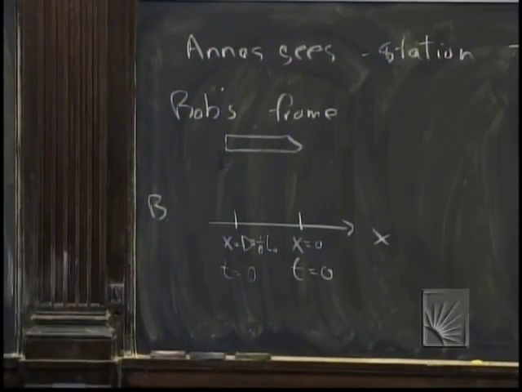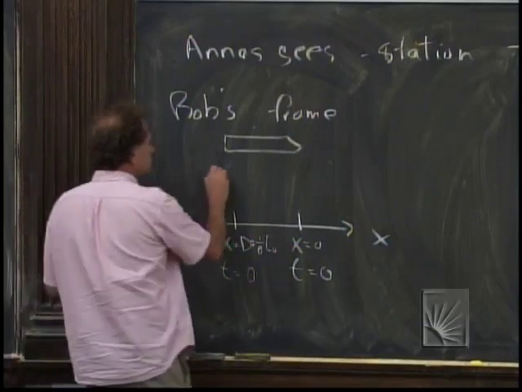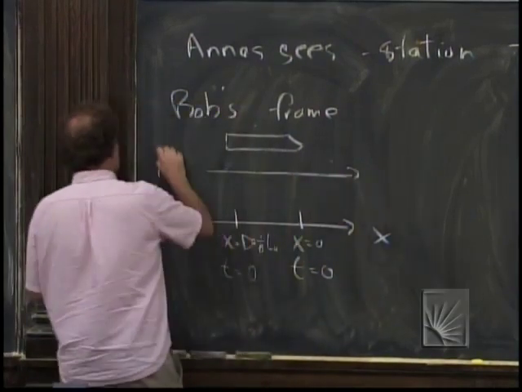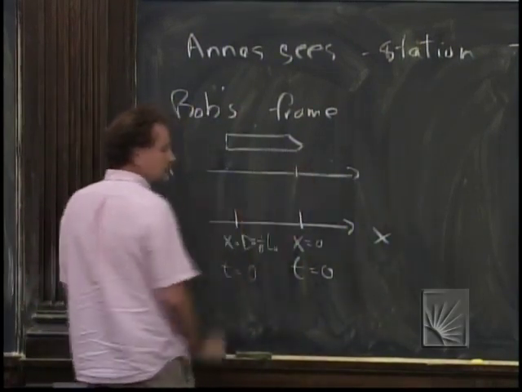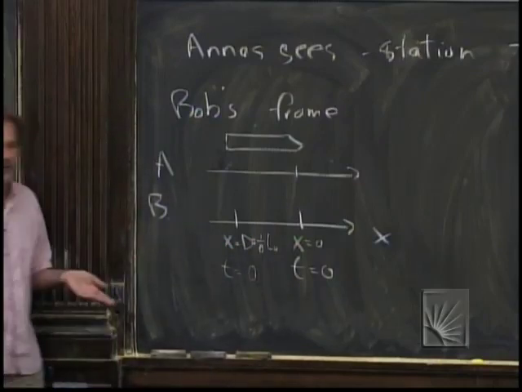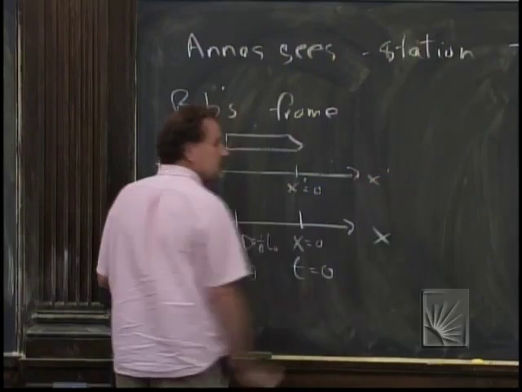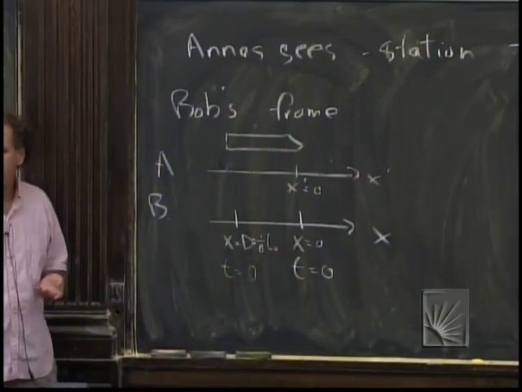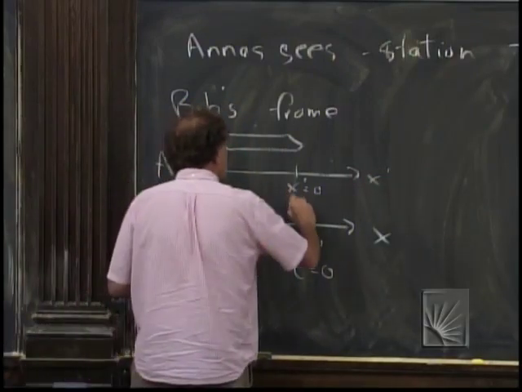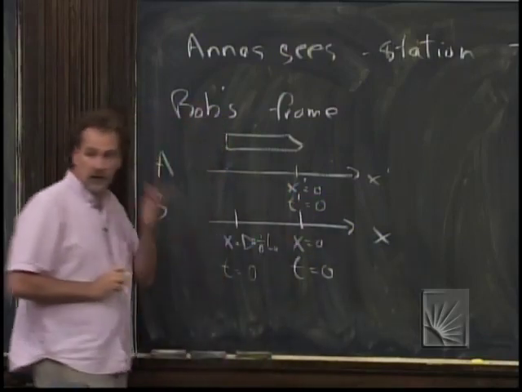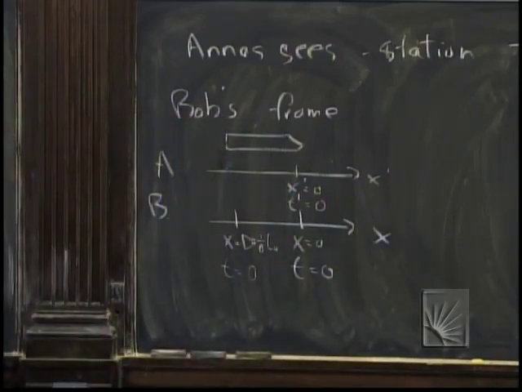Now let's fill out Anna's frame. The front, let's call it X prime equals 0. This is the prime frame, the S prime frame. This is time T prime equals 0.